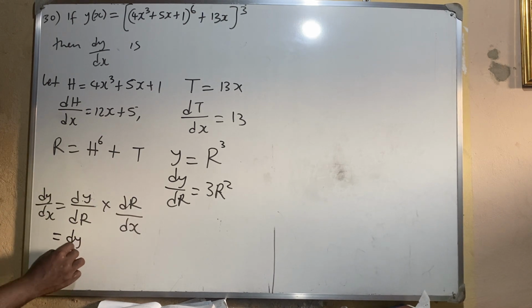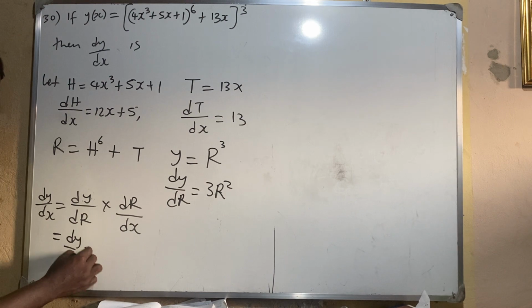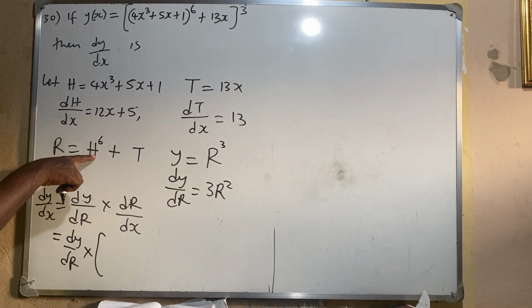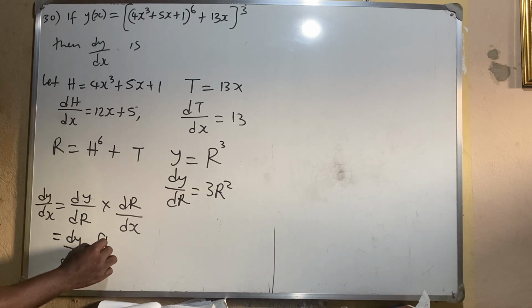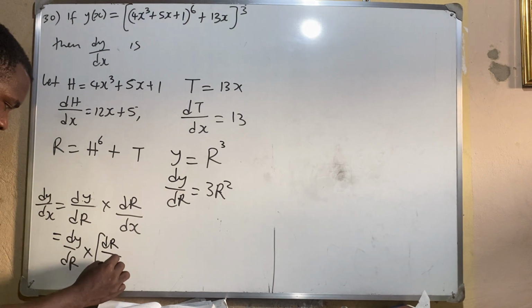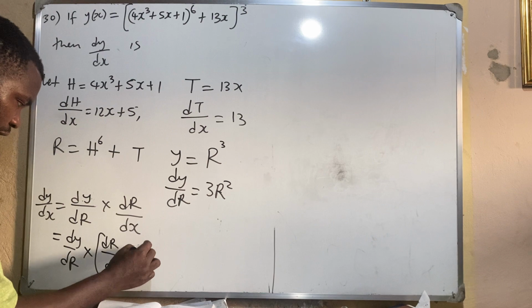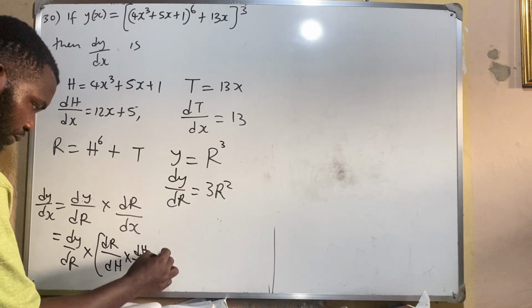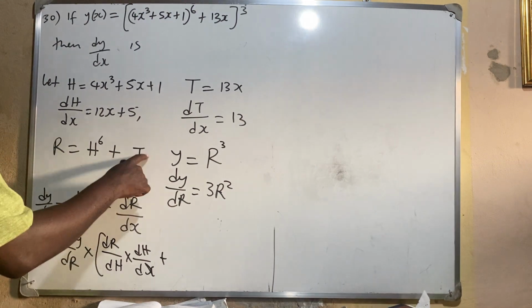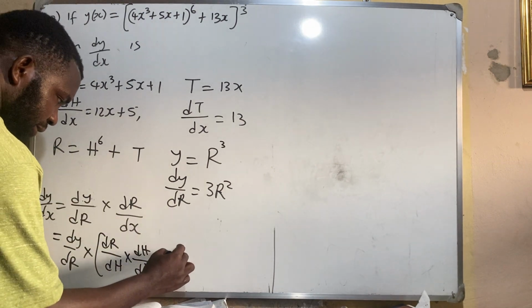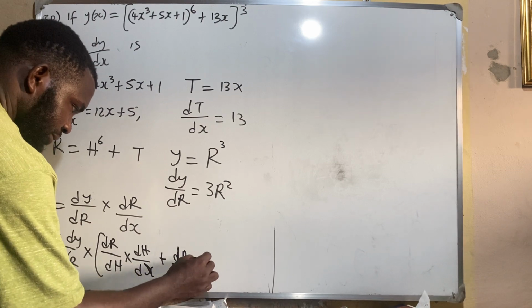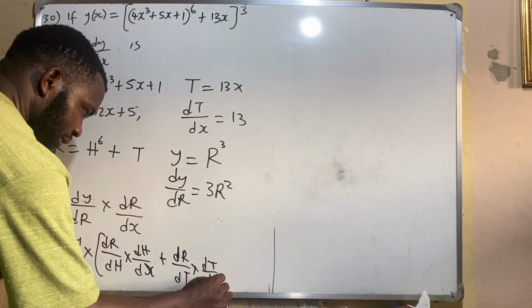I've gotten the dy dr. Times, for here, is now the dr dh times the dh dx, plus the dr dt times the dt dx.